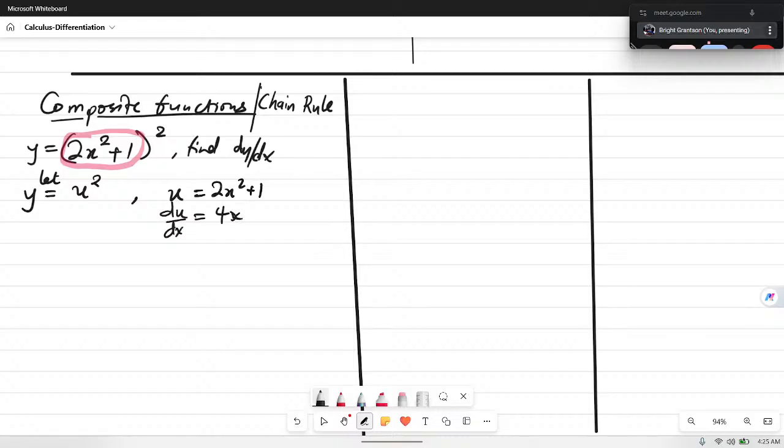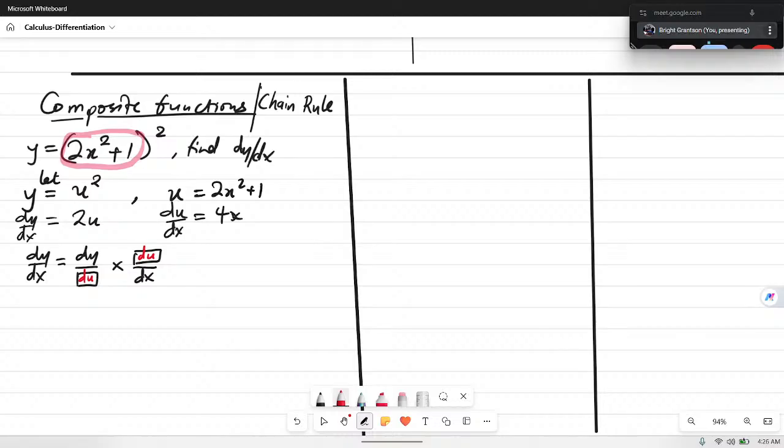Then dy/du will also become 2u. So in order to find dy/dx, we call something a chain rule. You start from dy over something times that same something over dx. So the linking something is the du. Are you okay?